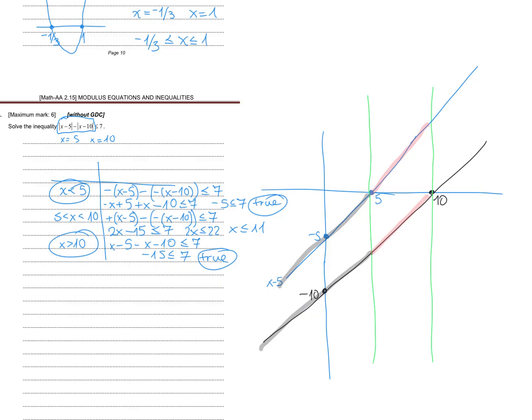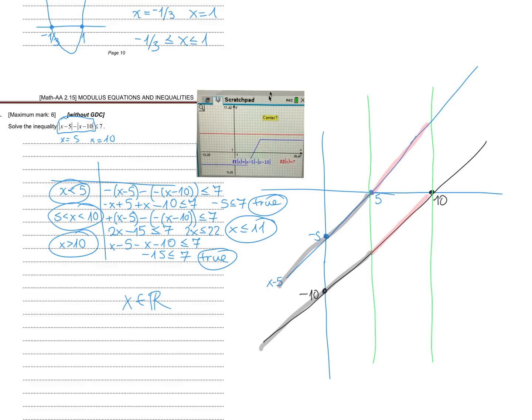For 5 through 10, we get that x has to be less than or equal to 11, which works for 5 through 10. So this is going to be that x is all real numbers. It works for all x's. This thing is always less than or equal to 7. And I'll take a picture of the graph so you can see. So there you can see that our graph here is always less than 7.